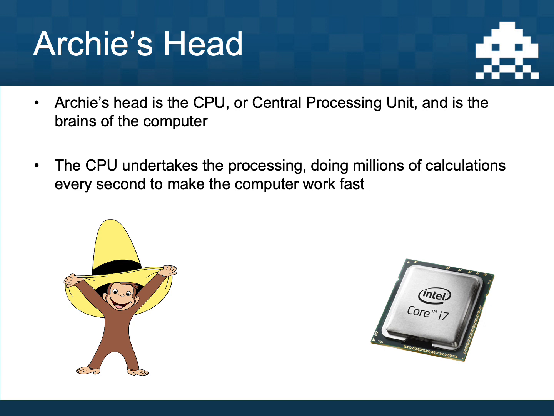Sometimes you'll see on TV adverts for laptops in PC World or Currys, and they'll say that the computer is 2.3 gigahertz. That means that computer's brain can do 2.3 billion calculations every second. So Archie's head is the CPU.